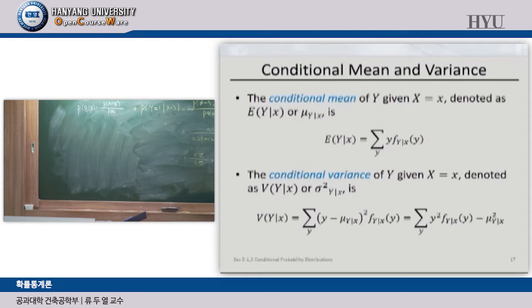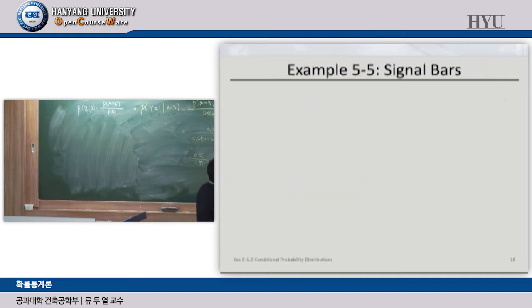That was the case of the probability mass function in chapter 3. And in the case of the conditional probability mass function, we can use the same formulas, but we have to change the probability mass function to the conditional probability mass function. That is the only difference.